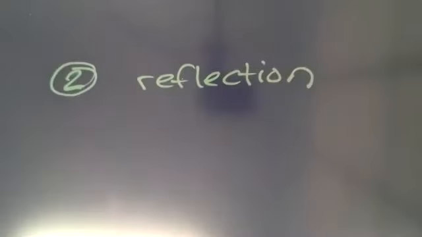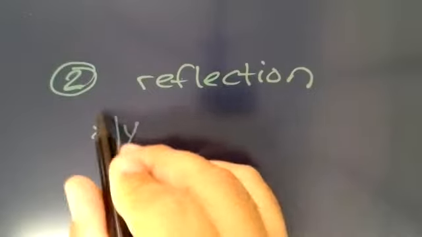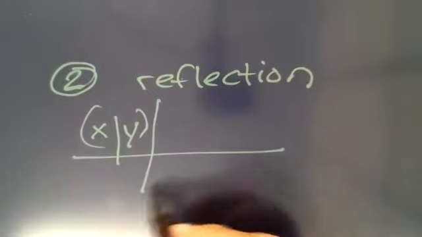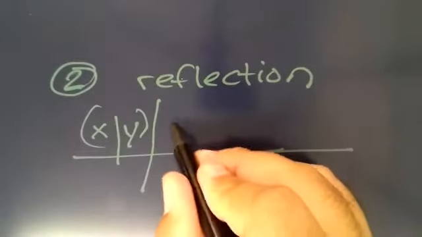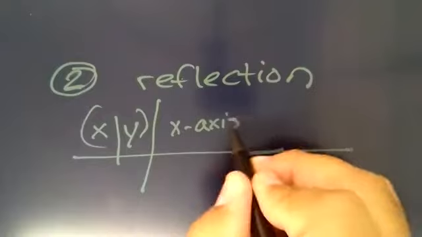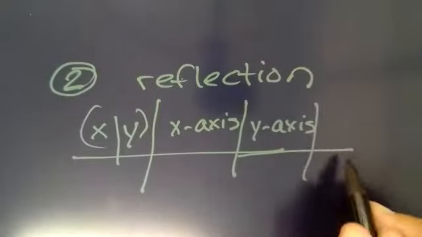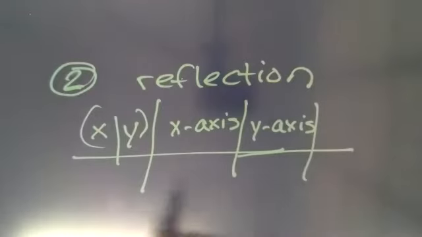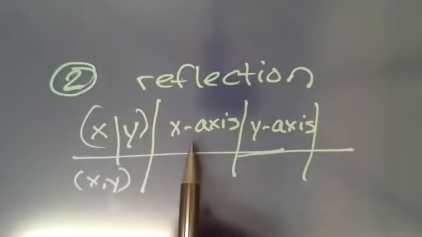All right. You should know about the little table that I went ahead and did for you guys, which is the x, y. You should know about the reflection over the x-axis, the y-axis. If you have coordinate x, y, and it's reflected over the x-axis, what are the new coordinates going to be here?